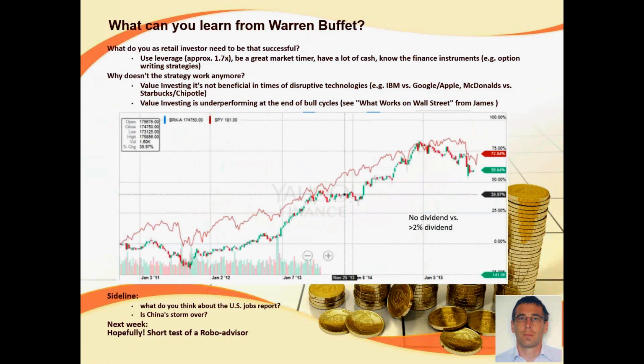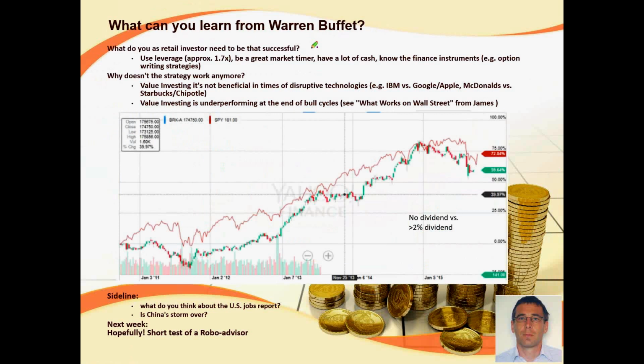It showed again how important and beneficial value investing can be, and of course the implication was, if you want to be as successful as Mr. Buffett is, you have to do value investing, and I think there's really a lot of material out there.